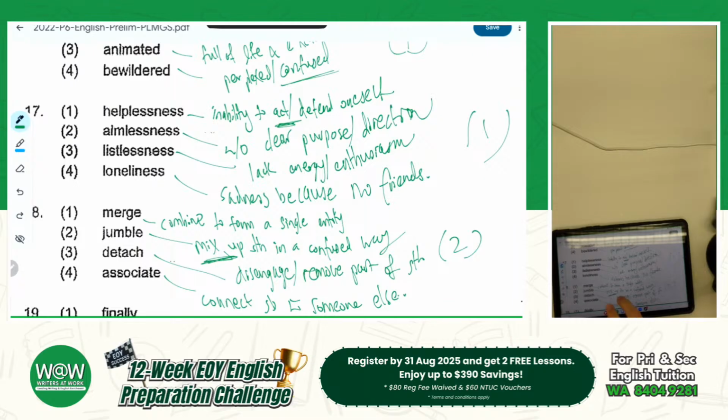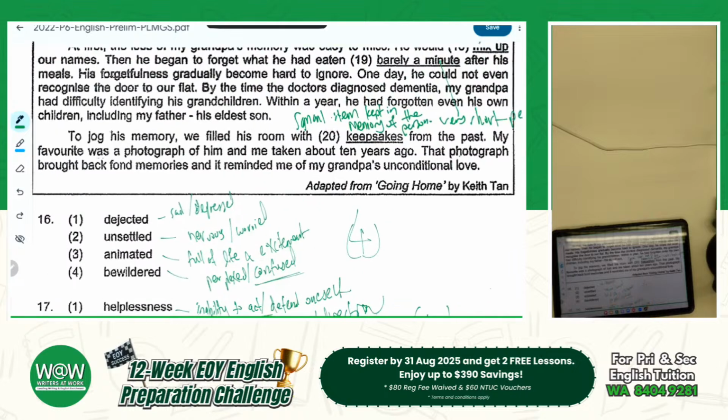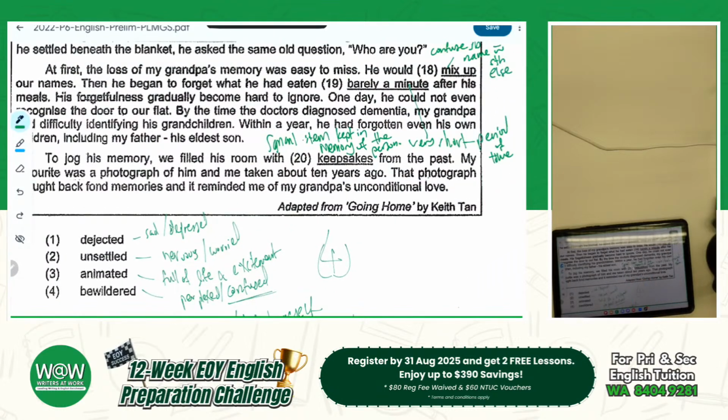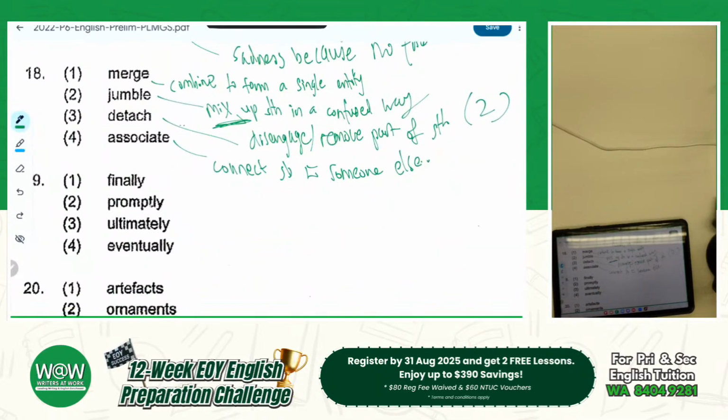Okay, moving on, let's take a look at number 19 now. The phrase here is "barely a minute", which suggests a very short period of time, right? So the first one, finally. Finally means after a long time.